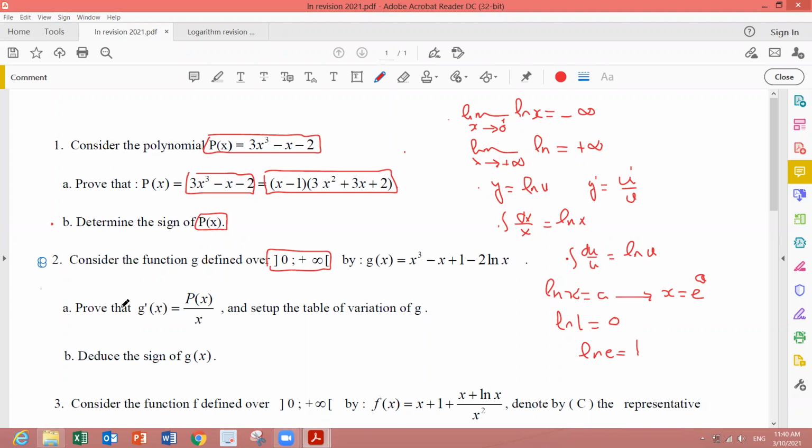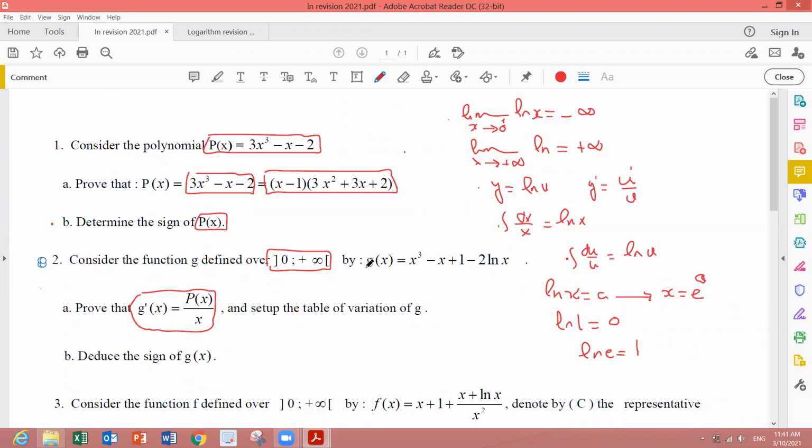Prove that g prime x equals P(x) over x and set up the table of variations of g.